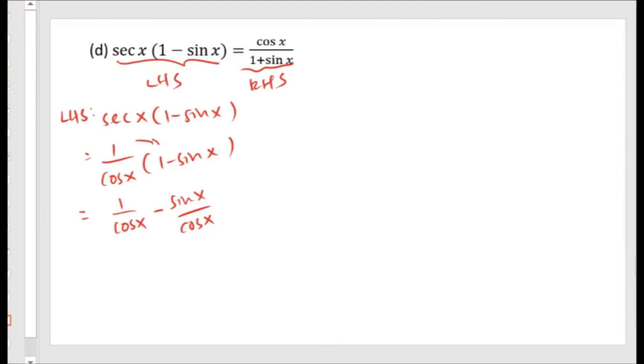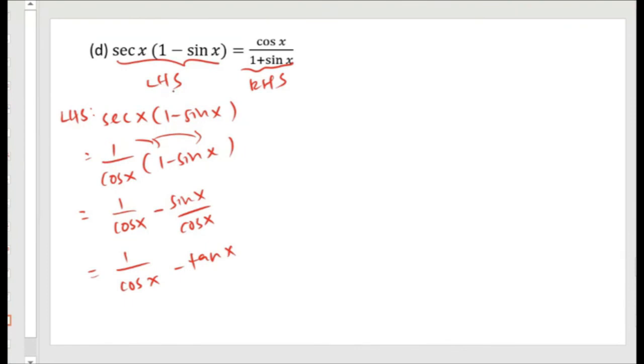Now we just multiply in, so you get 1 over cos x minus tangent x. Let's say you start here and you don't know how to continue, so just leave it in this form first.